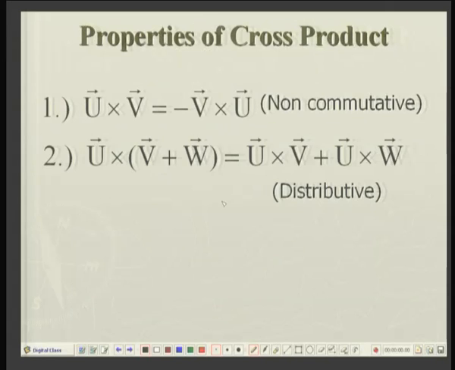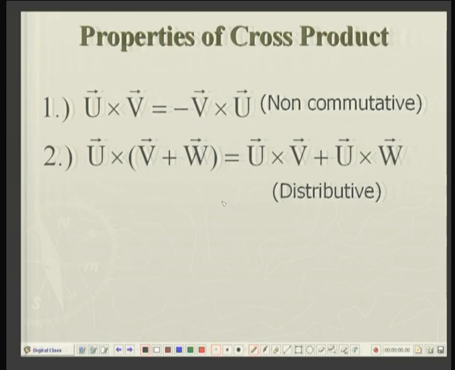Now, there are certain properties associated with this vector product or cross product, namely vector u crossed with vector v is no longer equal to vector v crossed with vector u, as we saw in the case of dot product. In this case, it is a negative quantity.